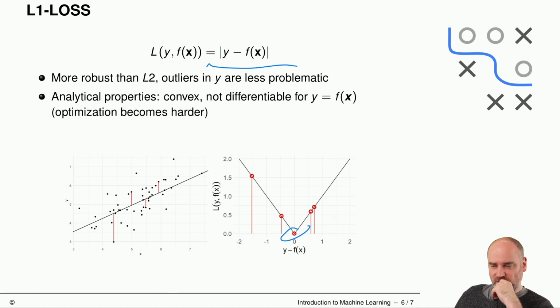Here I just want to mention this is non-differentiable, so maybe things like gradient descent are not going to work that well anymore. Maybe we have to use derivative-free optimization procedures. The loss function at the very least is still convex, so depending on how our hypothesis space looks, the underlying risk minimization problem might still be convex in our parameter vector theta, and that is not completely bad then.